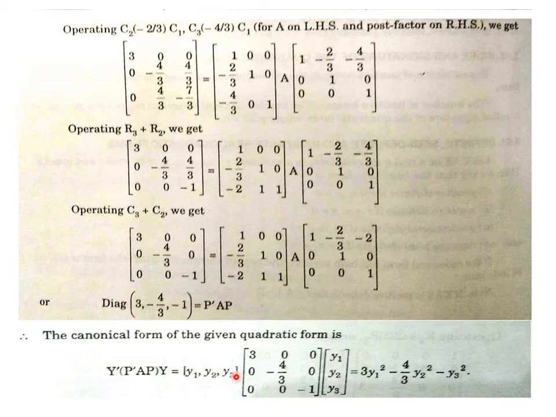If we multiply these three matrices together, then the canonical form of the given quadratic form in variables x, y, z is 3y1 square minus 4 by 3 y2 square minus y3 square, in three variables y1, y2, y3. As you can see, y1 square, y2 square, y3 square have coefficients that are either positive or negative. That means a sum or difference of squares, and that's what was required for canonical form. So that is how any quadratic form can be converted into canonical form.